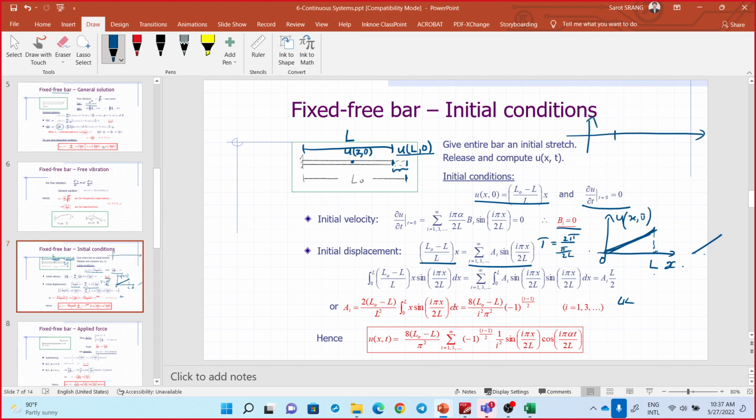So I have 1L, 2L, 3L, and 4L. So if a function is like this, you can take it as 0 like this, and then 4L here, and then it starts like this.